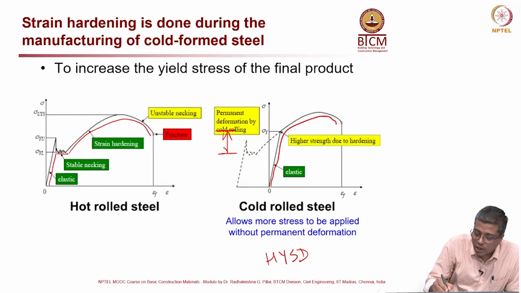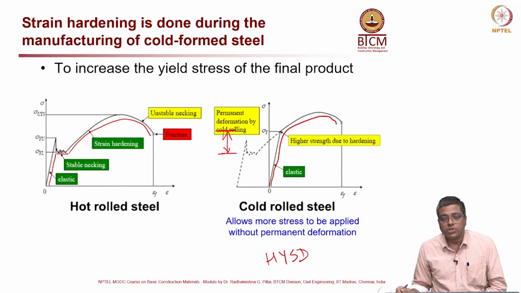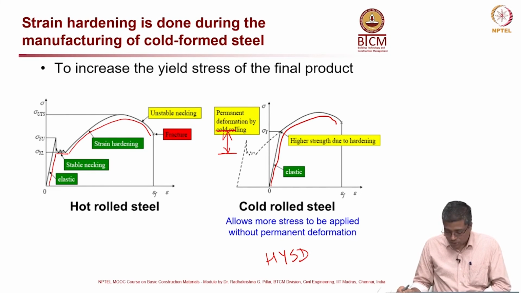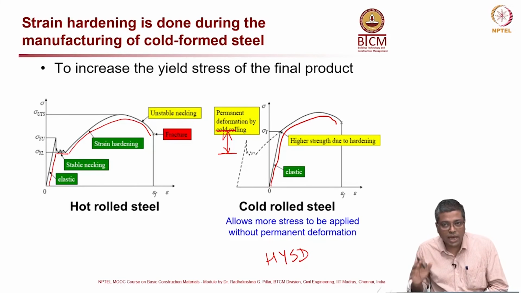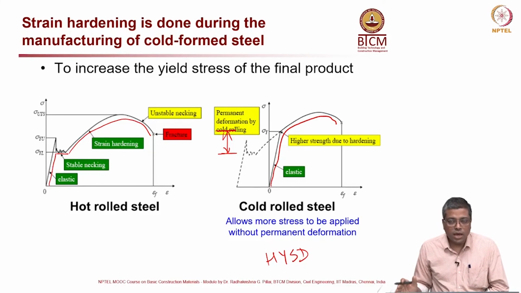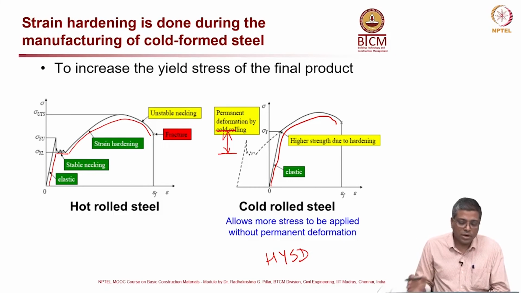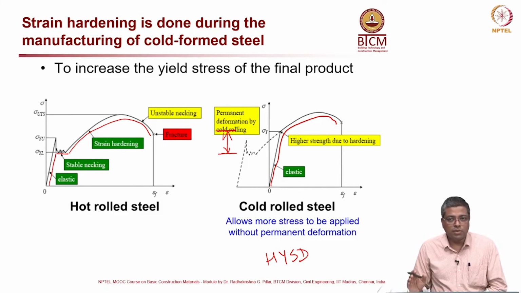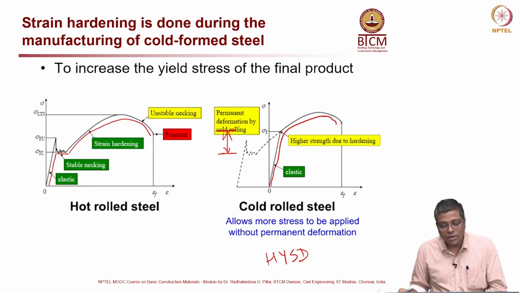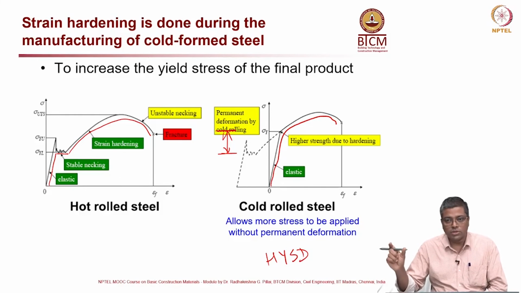This much is the extra yield strength which you gain. So, that is the advantage of going for cold form steel with the same material properties. You strain harden the steel a little during the manufacturing itself, so that you get a higher yield strength at the construction site, or the final product which is used in concrete will have a higher yield strength.